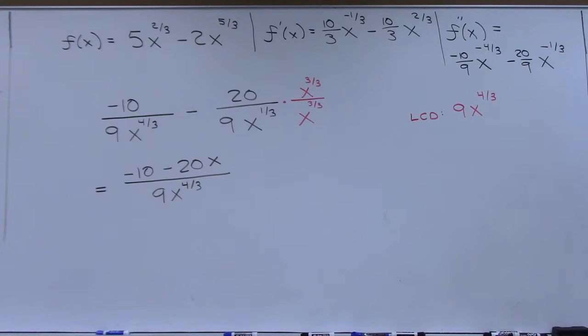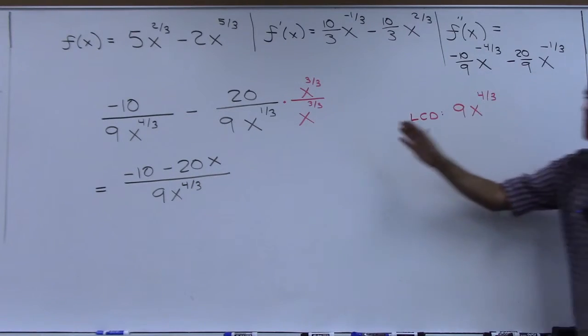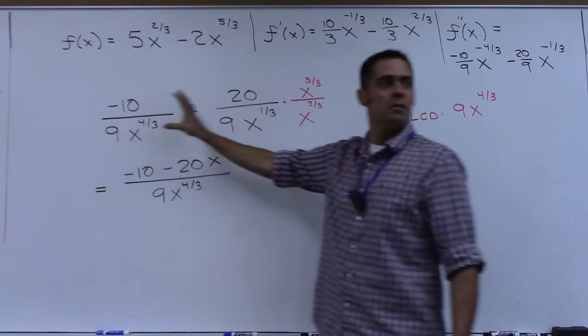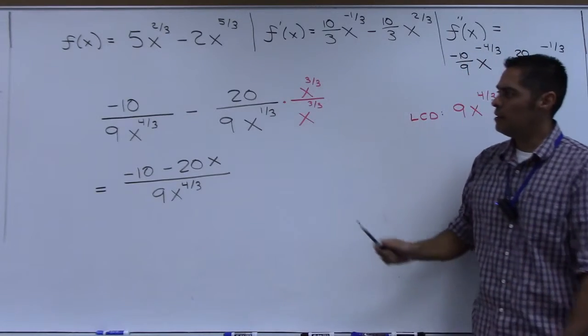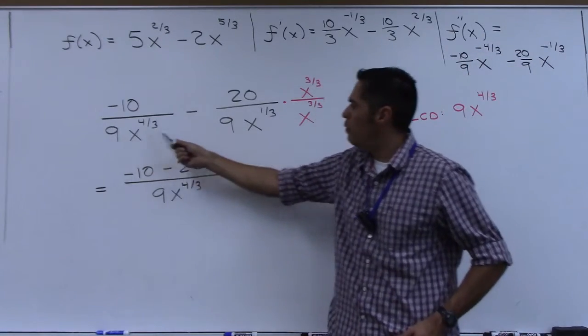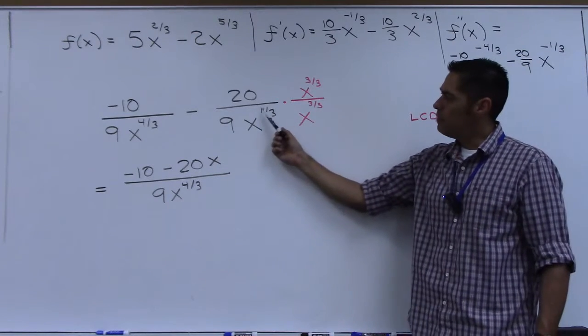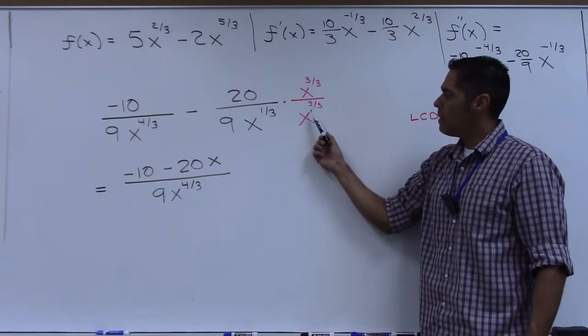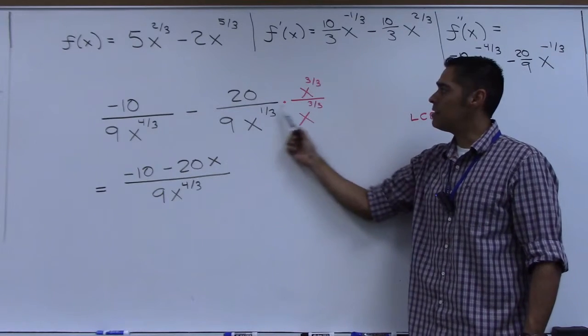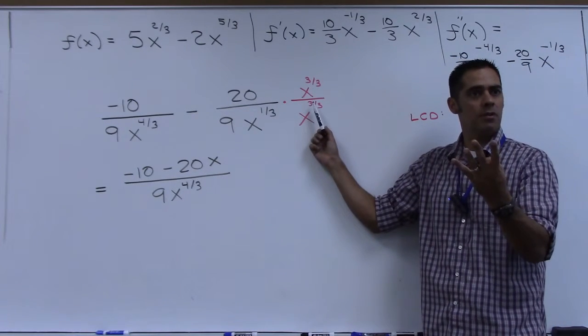Okay, because we only have about 6.5 minutes to finish this, hopefully when you rewrote this, you got what I have here in black. Realizing that you'd like to have 9x to the 4/3 as a common denominator, all you have to do is change that to a 4/3. So you multiply by x to the 3/3, so that when you add these together, 1/3 plus 3/3 is 4/3.